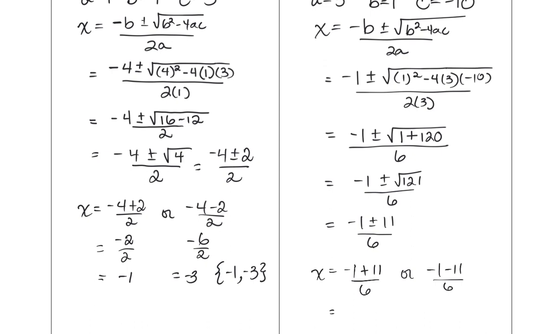So in this case, we're going to get 10 over 6, and both of those are divisible by 2. So that's 5/3. And then over here, we're going to get negative 12 divided by 6, which is negative 2.